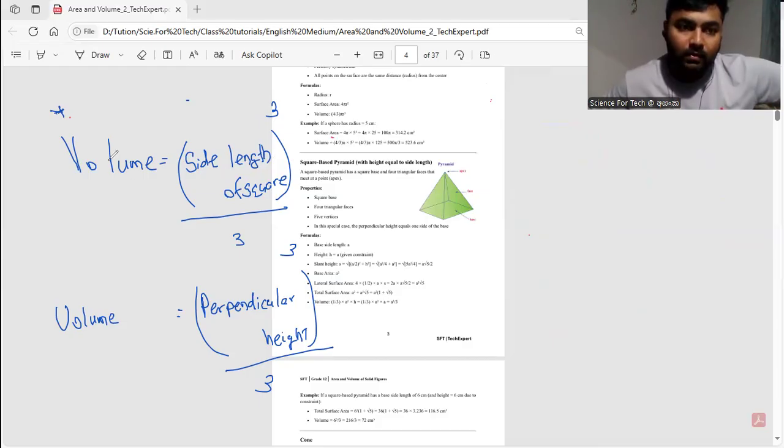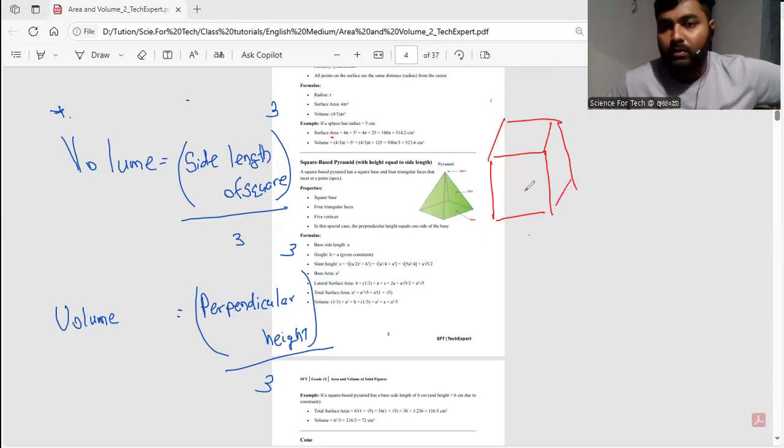Here, to find the volume of the pyramid, we have to take the cube of the side length and divide it by 3. Then how can we find the volume of a cube? We take the cube of a side. This is the volume of a cube.